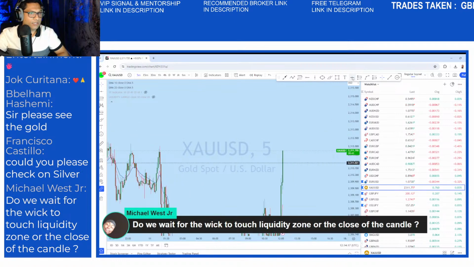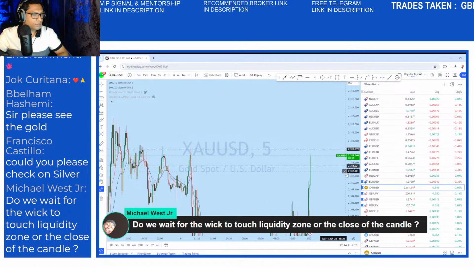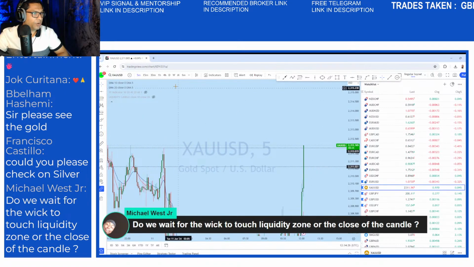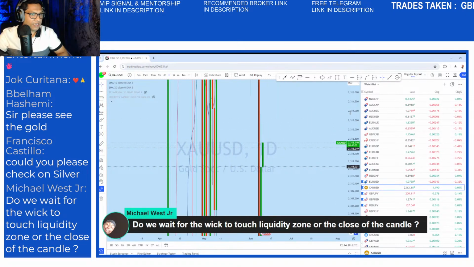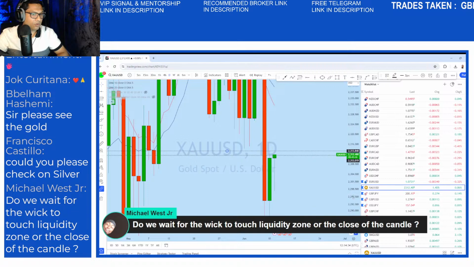Okay, so this is a resistance line. You see the break of the resistance. So this is the daily resistance coming up. Let's wait for the price to break the daily resistance and then to come back down.